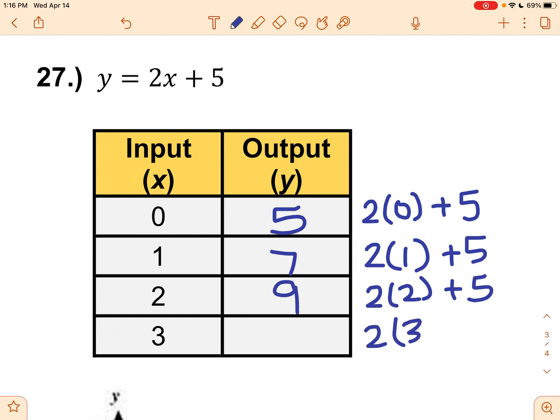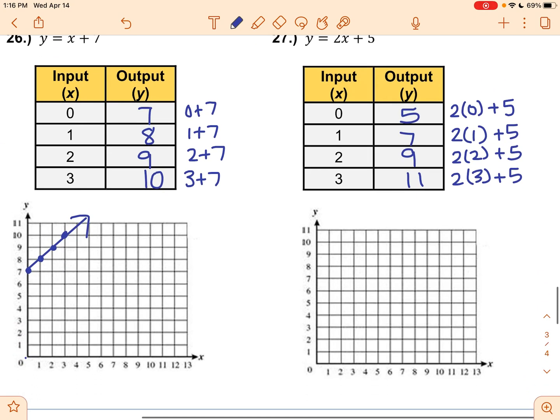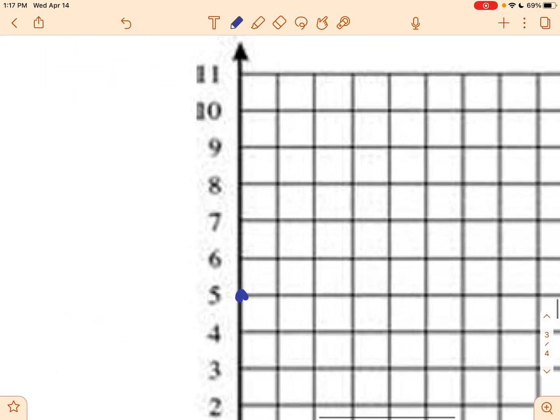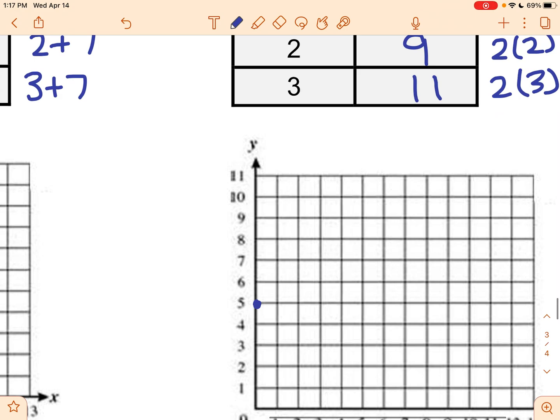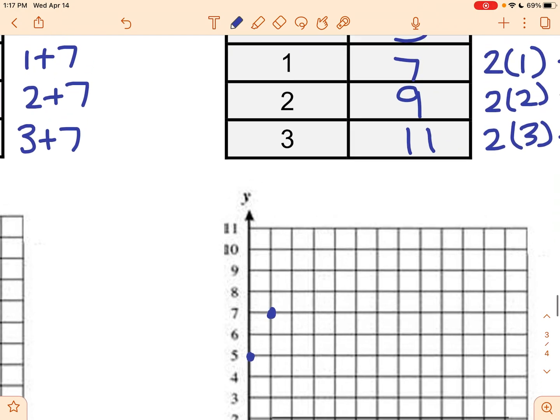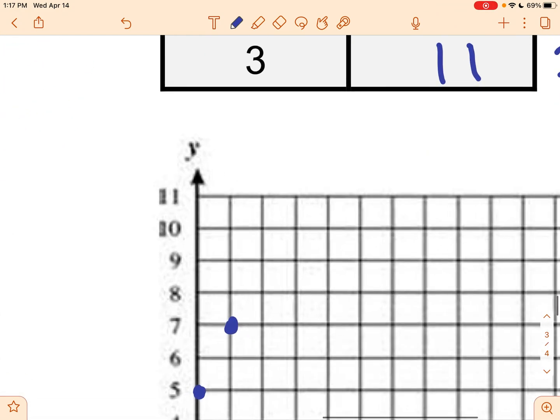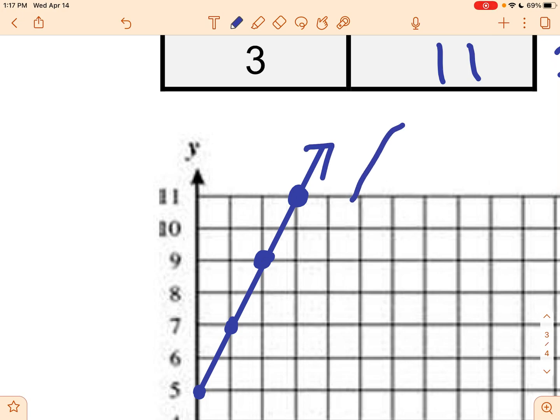And lastly, 2 times 3 plus 5, 2 times 3 is 6, 6 plus 5 is 11. So now let's graph it. Our first one is 0, 5. Our next one is 1, 7. Our next one is 2, 9. And then 3, 11. Now go ahead and graph that, and we are done.